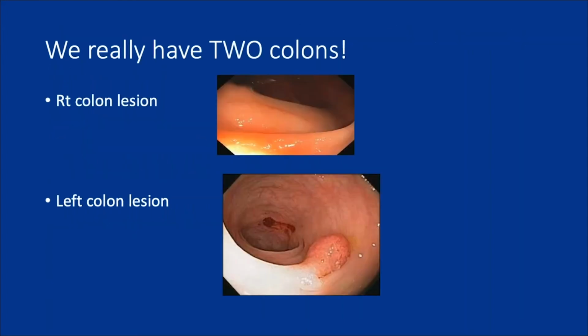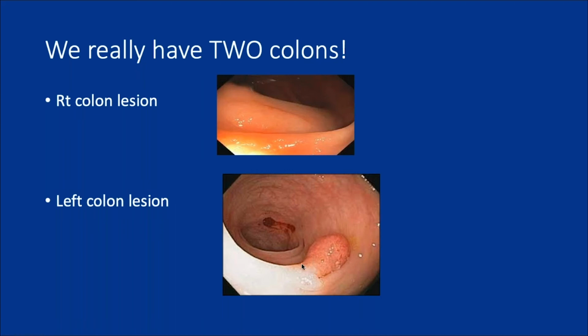Here's what I want to show you. It's a real important thing that we've discovered in the last few years. If we're looking at this typical left colon lesion, it's the typical kind of polyp that we expect to see, a mushroom-like polyp on a fairly large stalk. That's pretty obvious.